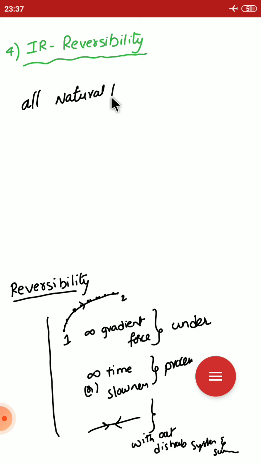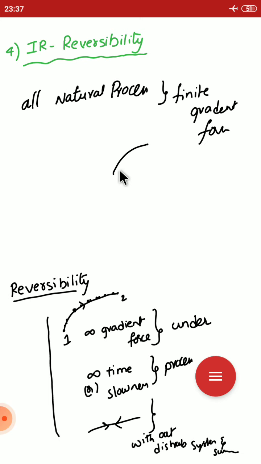When the system has to change from one state to another state, it happens by finite gradient forces only, in all natural processes. So all natural processes come under irreversibility.